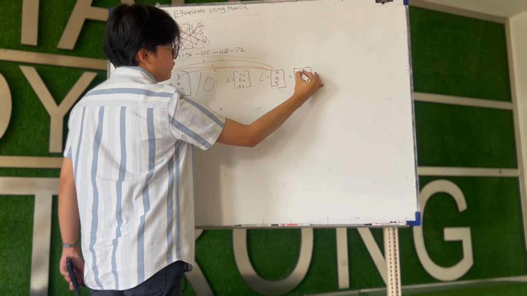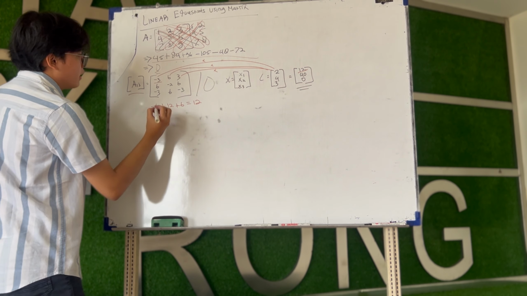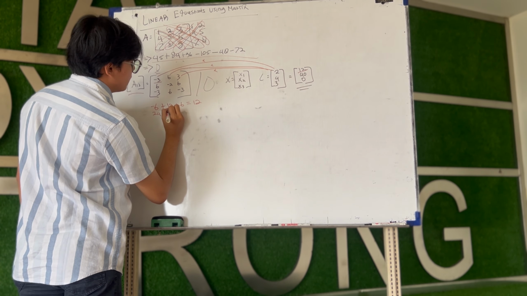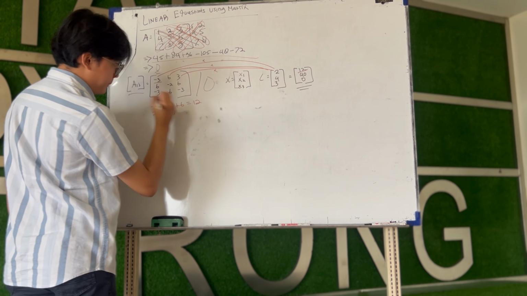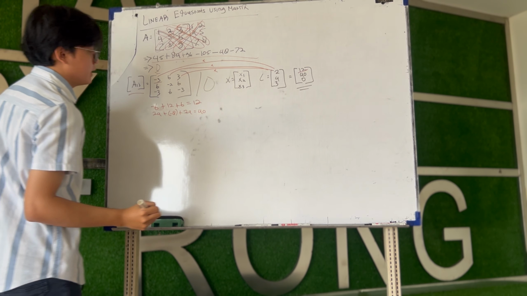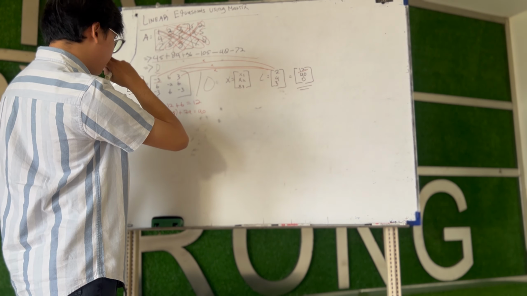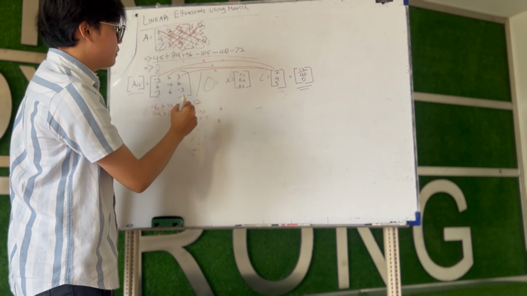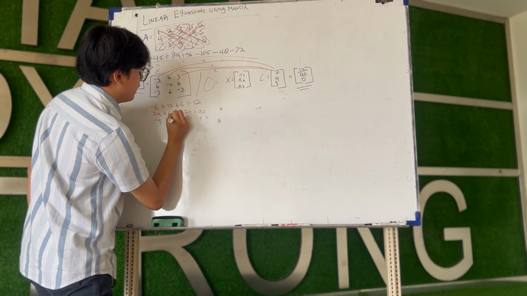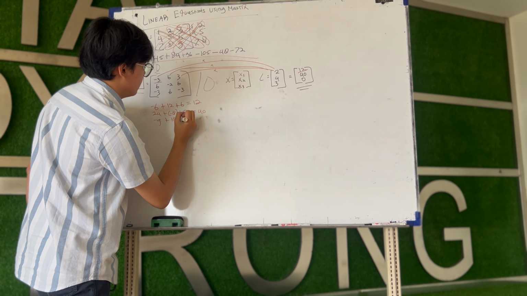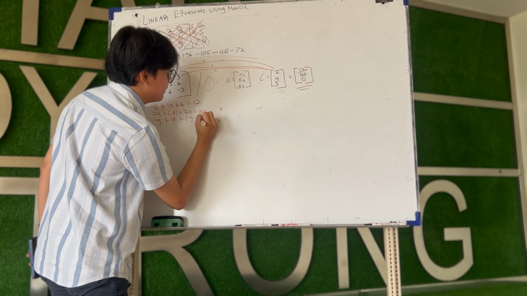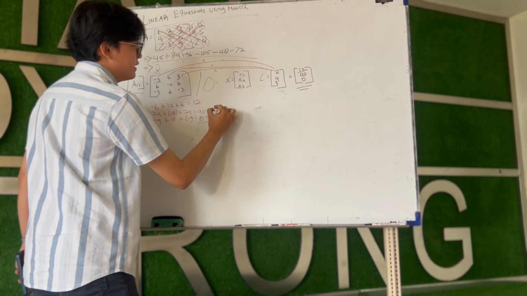So the answer, the first is 12, and next is 24 plus minus 8 plus 24 is 40. Yeah, 40. And minus 3 multiply 3 is 9 plus 18 plus minus 9 is 0. And the answer is this.